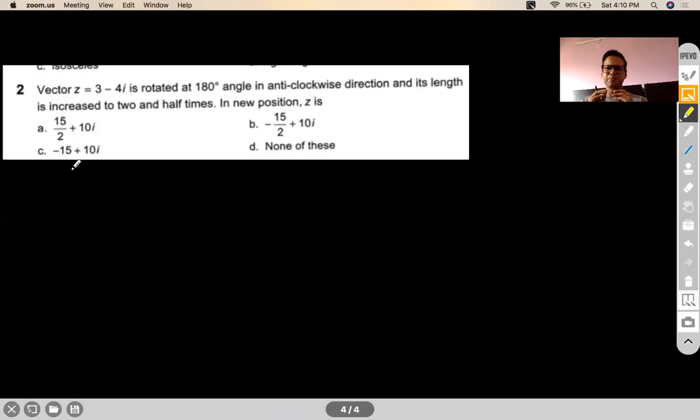Now they have called it a vector. Don't get confused. Complex numbers are position vectors only, just that you don't have an i and a j. So i is your 1, j is your i actually. Anyways, Z is 3 plus 4i and it is rotated by 180 degrees in anti-clockwise direction, and its length is increased by 2.5 times. What will be the new position?